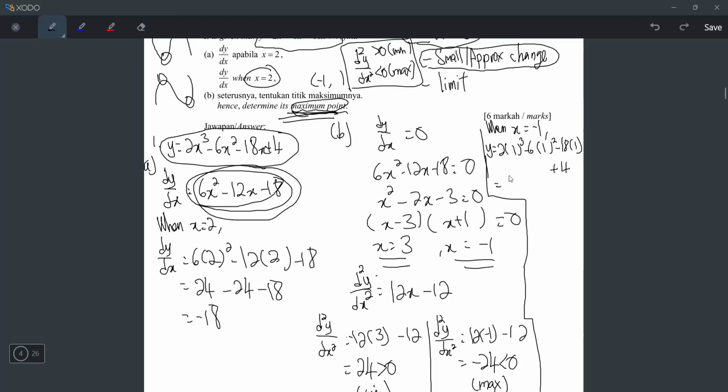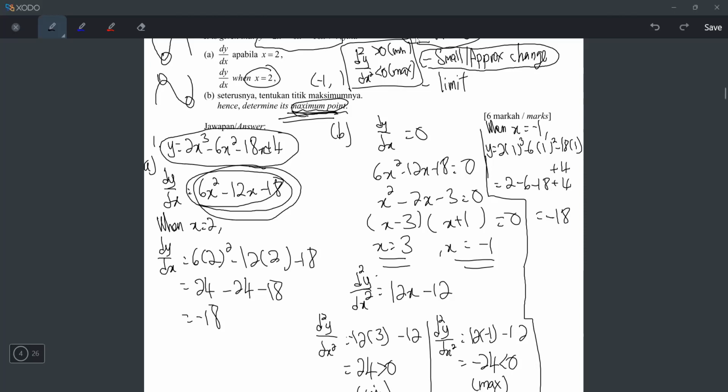So -1 power 3 is -1, times 2 is -2. -1 power 2 is 1, times -6 is -6. -1 times -18 plus 4. Let's press. -2 minus 6 plus 18 plus 4. So let me press. Okay, I got -18. Okay, -18. So wait, did I do something wrong here?